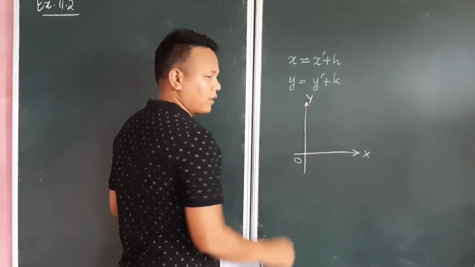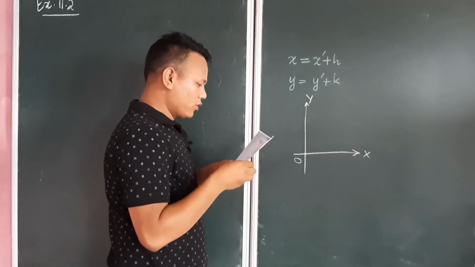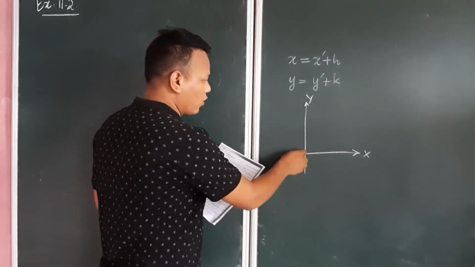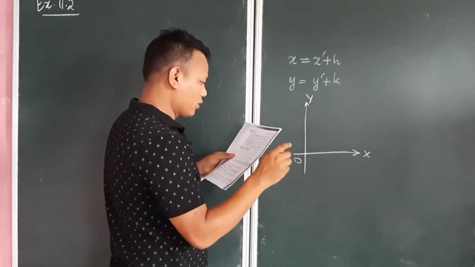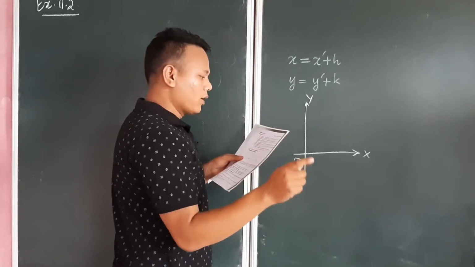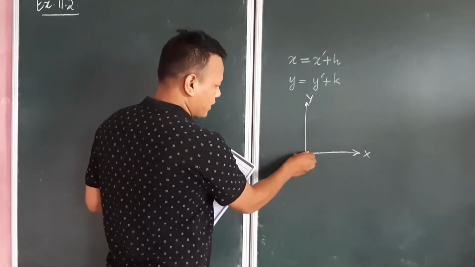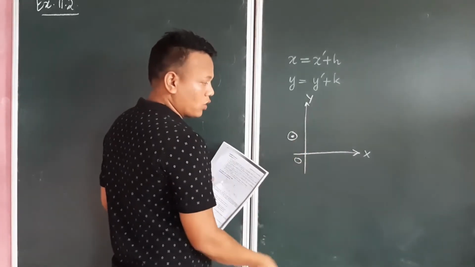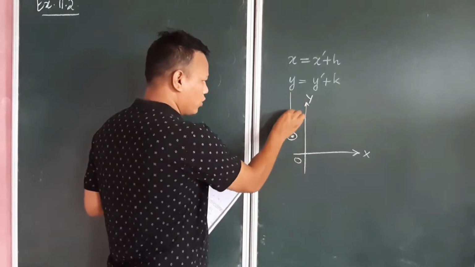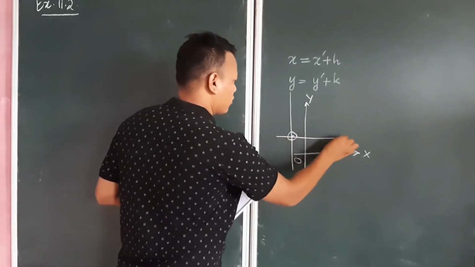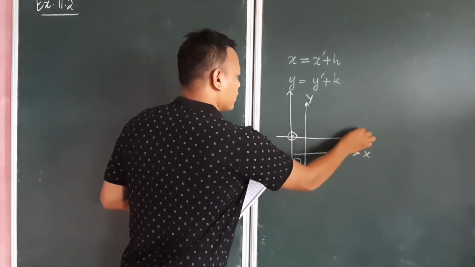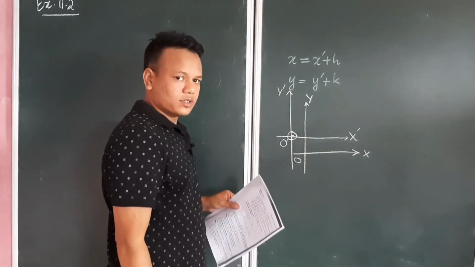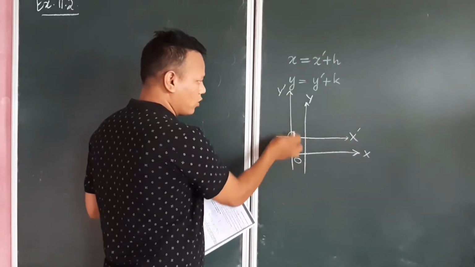A new coordinate system is being generated, where minus 1 comma 2 will be somewhere over here. So this is my minus 1 comma 2, and this becomes your new origin. This is my another x dash o dash y dash coordinate system.